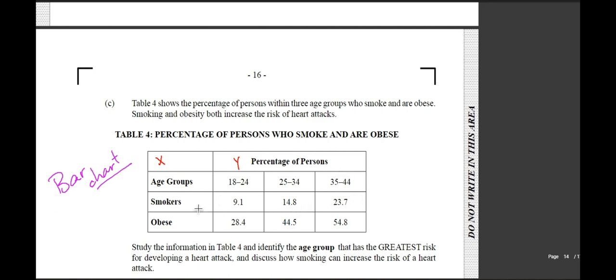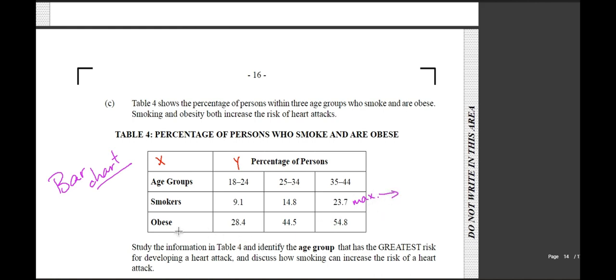And so on. So let's look at, as usual, we check for our trends. Well, not trends, but maximum, minimum, etc. In this case, we're looking at maximum. So for smokers across the age groups, 35 to 44 is the max, right?